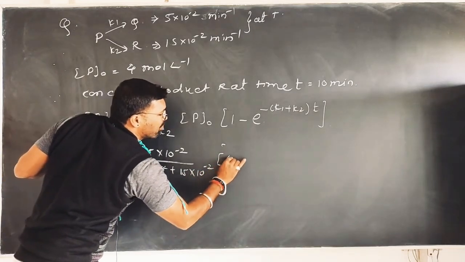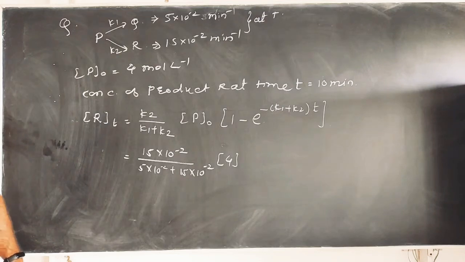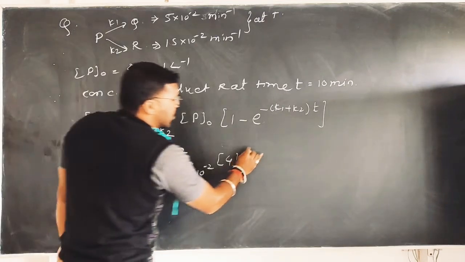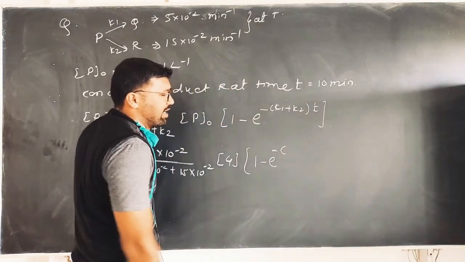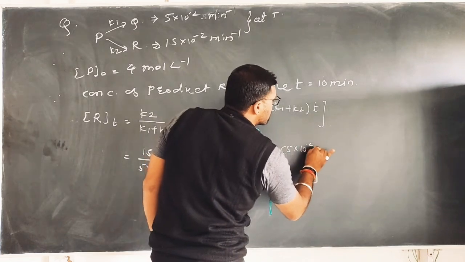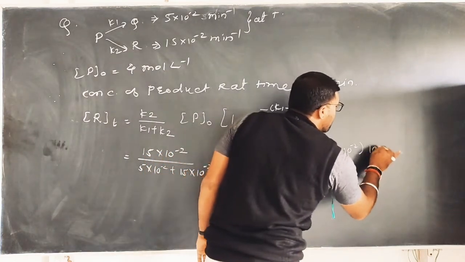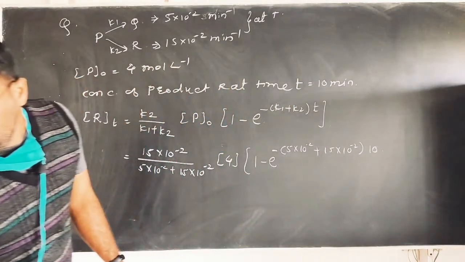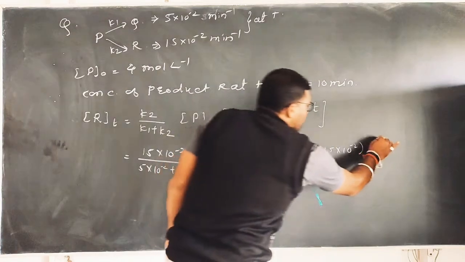The concentration of P is equal to 4 mole per liter. Then 1 minus e raised to minus (5 into 10 raised to minus 2 plus 15 into 10 raised to minus 2) into 10 minutes. How to solve?